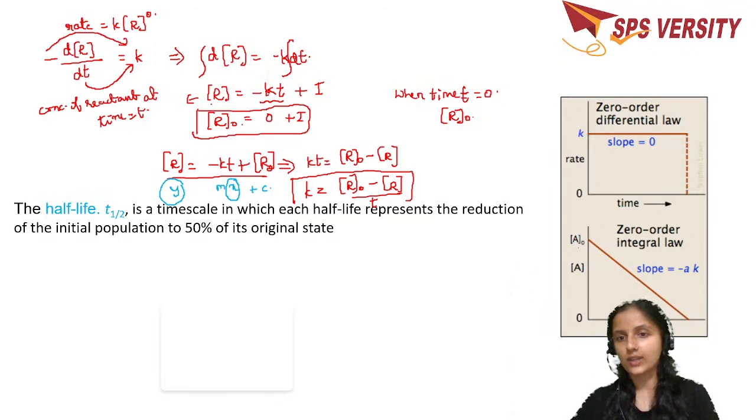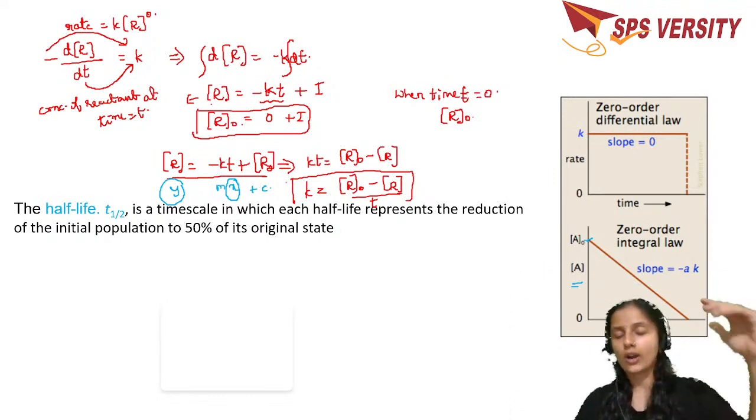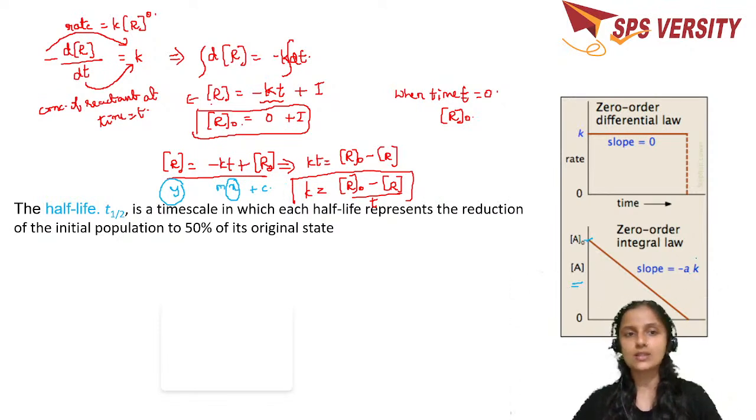If you plot a graph of that, it will be a descending type graph, because the slope of this particular line is minus k. Since it's negative, you draw a descending graph, and the intercept is the initial concentration of the reactant, that's A naught or R naught.